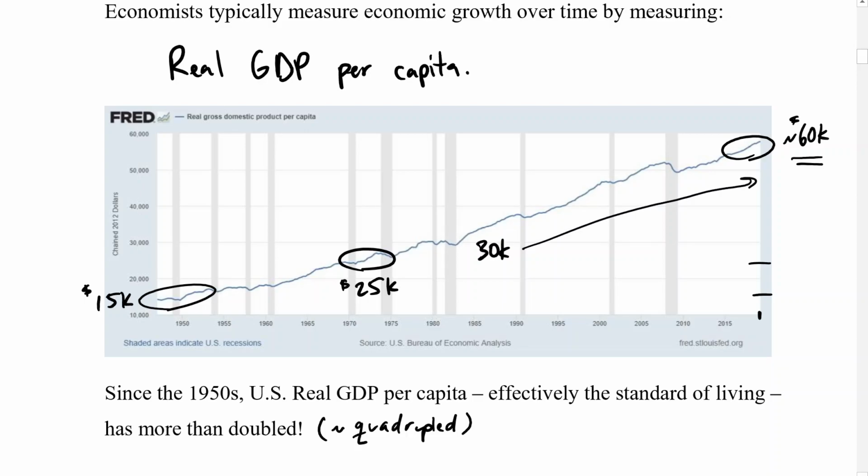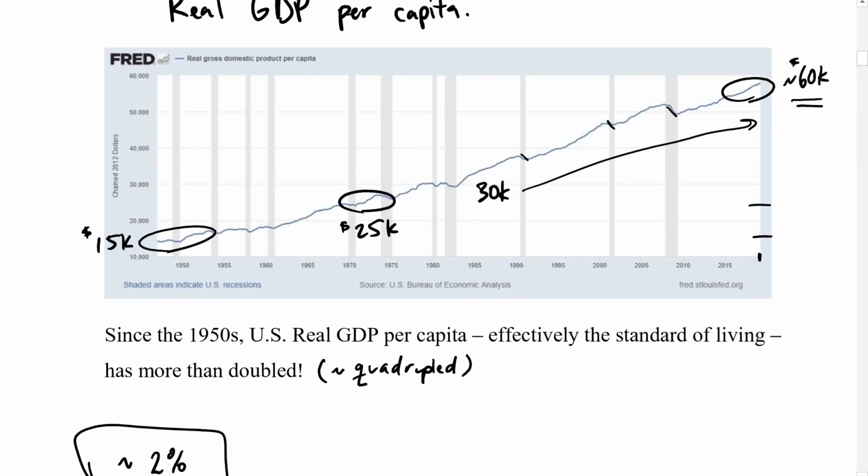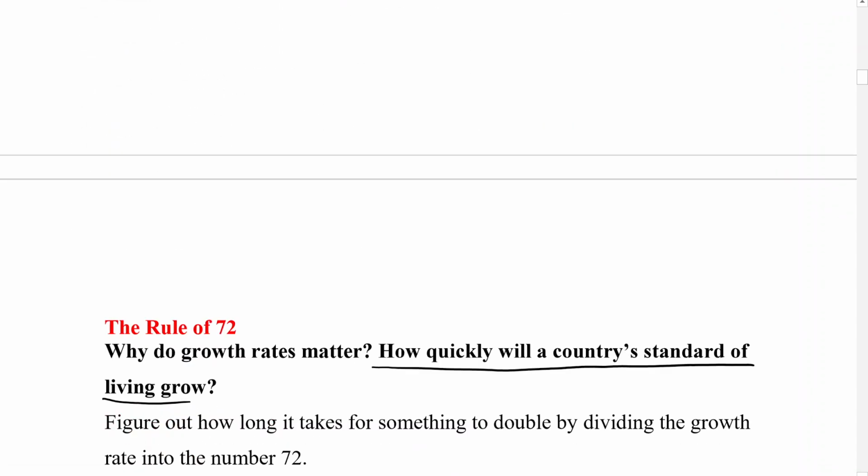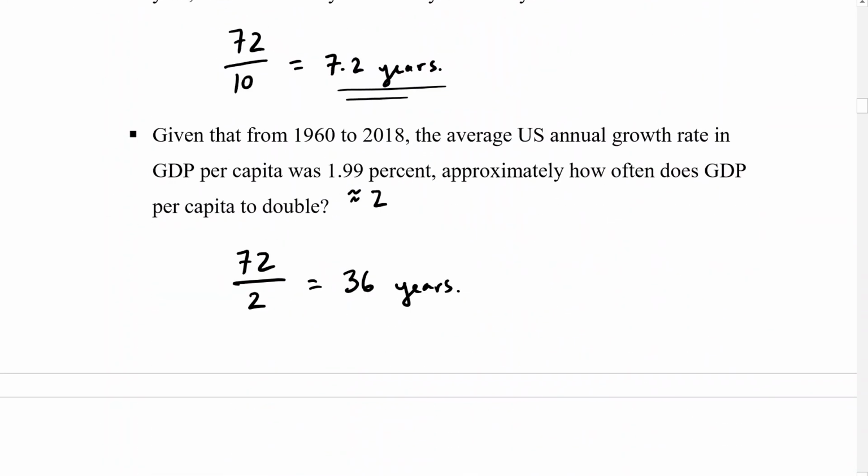And we've grown to about 60,000. So again, it's approximate. We have some ups and downs. It's not a consistent growth rate over time because of the recessions, but we have grown from about 30,000 to about 60,000. And so this rule of 72 is holding up in that graph as well.